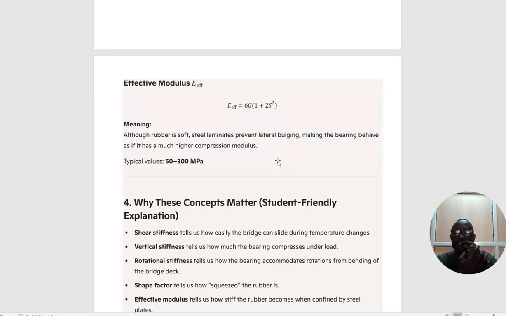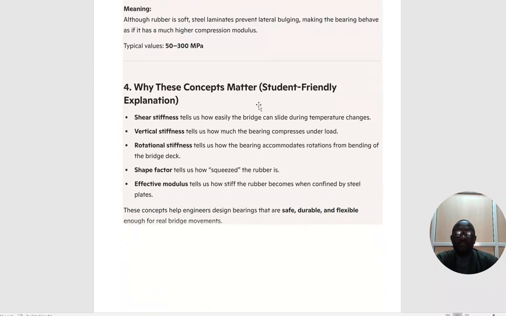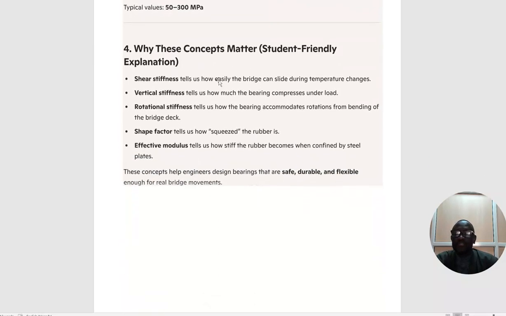Typical values are given for the effective modulus, and you can also research more and check whether all literatures, texts, or manuals have similar values. Why do these concepts matter? A student-friendly explanation is here for you.